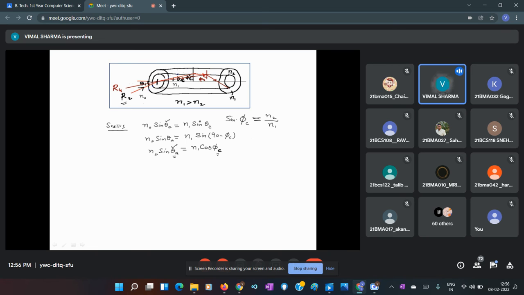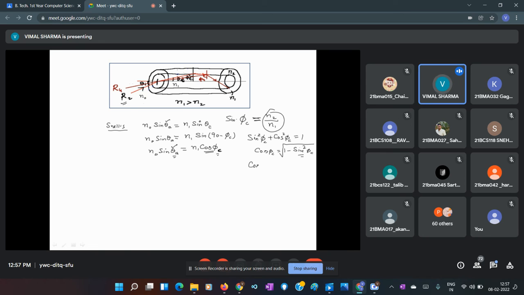Okay, so that means I can replace this cos phi c, or I can write it in terms of sine. A relation between the two is sine square phi c plus cos square phi c equals 1, and I can then write cos phi c equals under root of 1 minus sine square phi c. And I can use n2 over n1 in place of sine phi c.